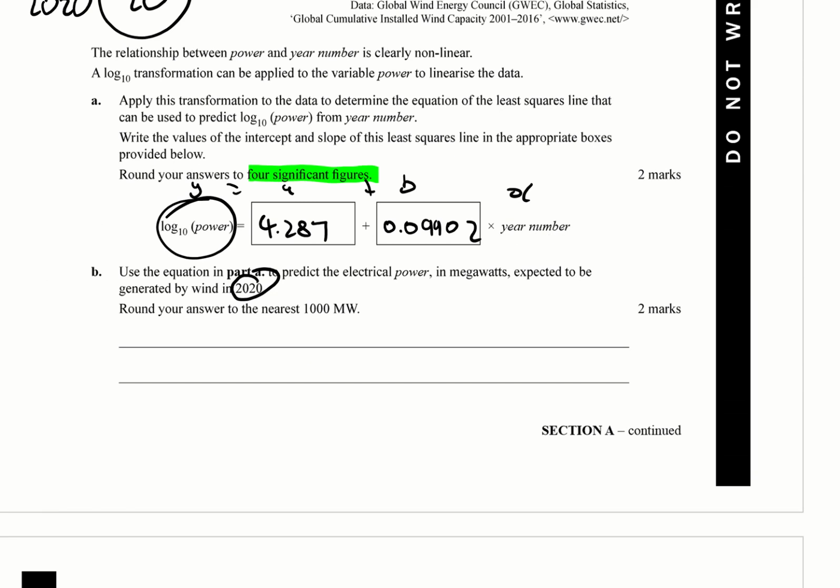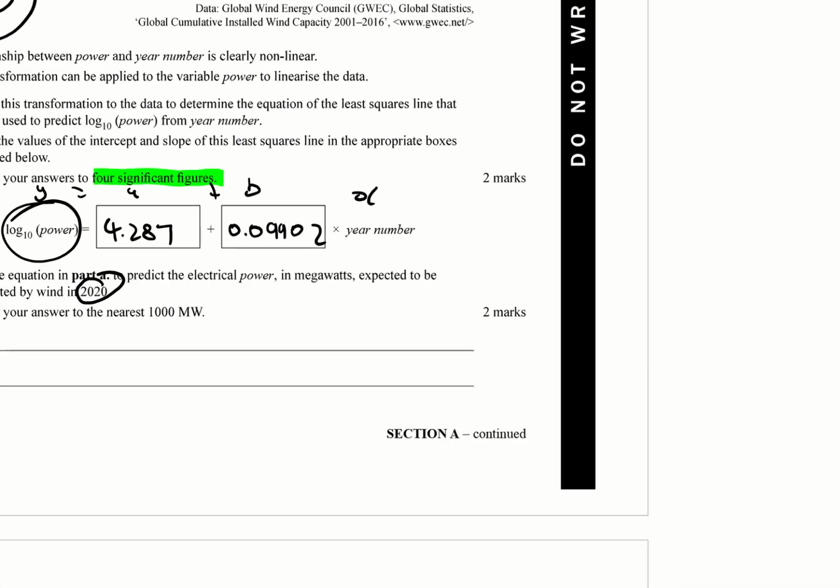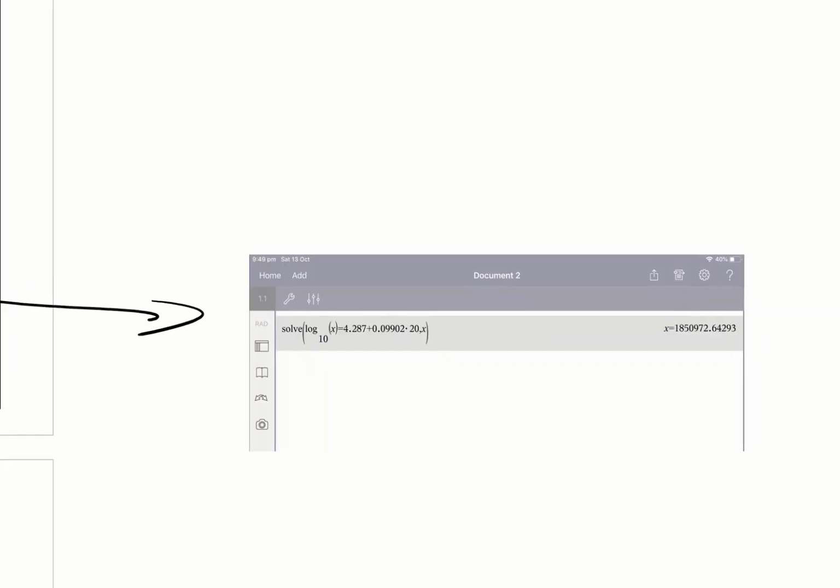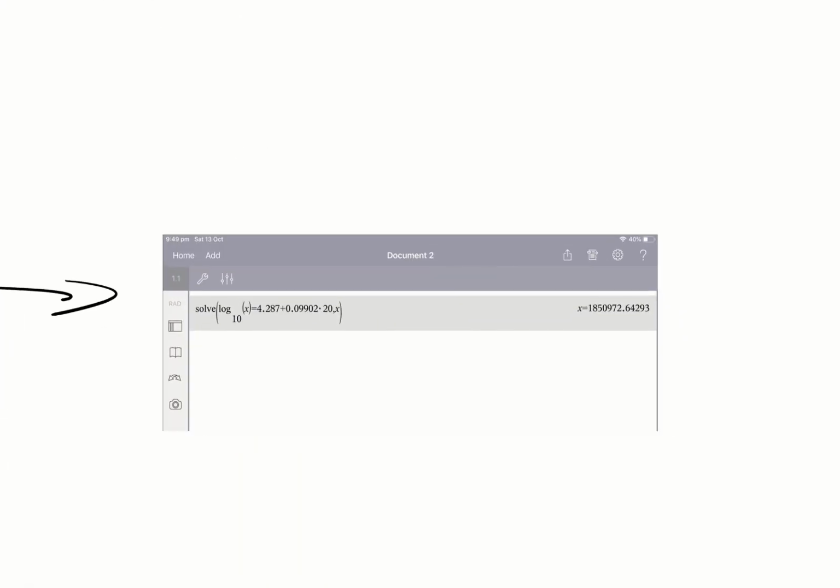Okay, now the question here is given in terms of log 10 of power. There are a few ways you can do it. My suggestion is use solve, and I am going to show you over here in your calculator. You type solve, put a bracket, log 10 of x. So x is what we're after, x is our power. You could use whatever letter you want there, but that's what we're after.